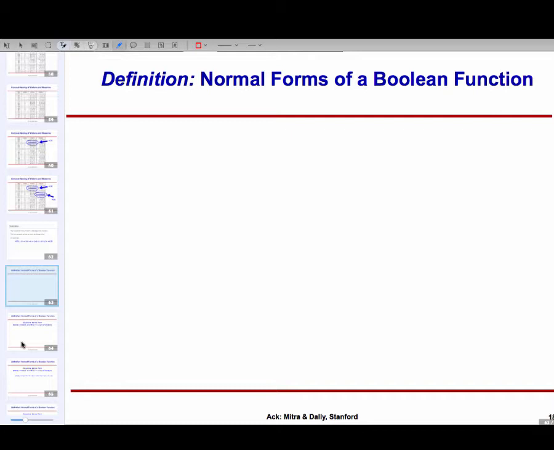Let's say I'm designing a logic system and you're designing the same one. I wrote the equation, you wrote the equation. How do we know they are for the same system? How can I say my equation is equivalent to your Boolean expression? We can both convert our expressions into a standard form, or normal form, and then compare them.